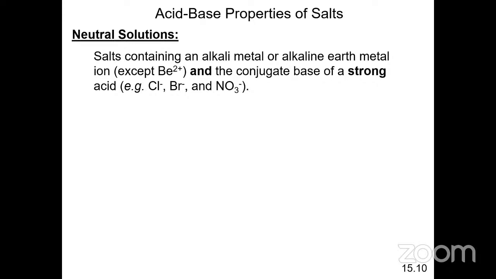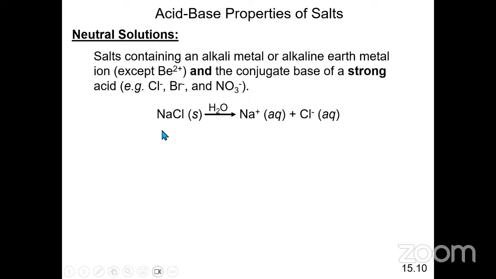So basically, a salt consisting of a group 1A or group 2A metal, with the exception of beryllium, along with the conjugate base of strong acids. And remember, you guys should know what the 6 strong acids are. I won't go through that again, but you need to remember the 6 strong acids. If you have conjugate bases of those acids in combination with group 1A or group 2A metals, with the exception of beryllium, then those salts will be neutral.